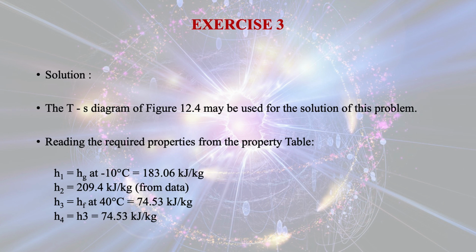H3 we can get as HF at 40 degrees centigrade from the table, that is equal to 74.53 kJ per kg, and H4 is equal to H3 because in the expansion process the enthalpy doesn't change. So H4 is equal to H3 is equal to 74.53 kJ per kg.